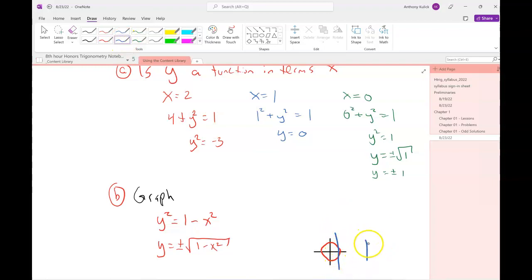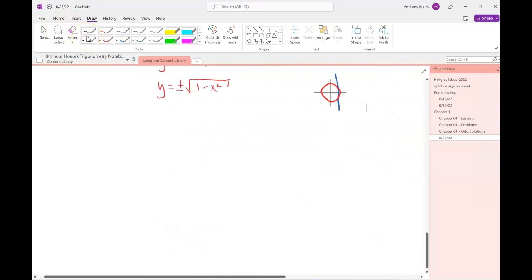So it fails a vertical line test, right? Okay, good. And then what's the third way we could have recognized this?